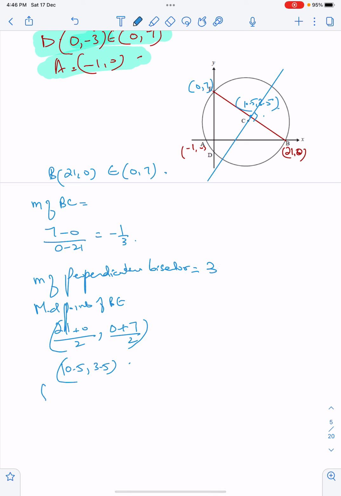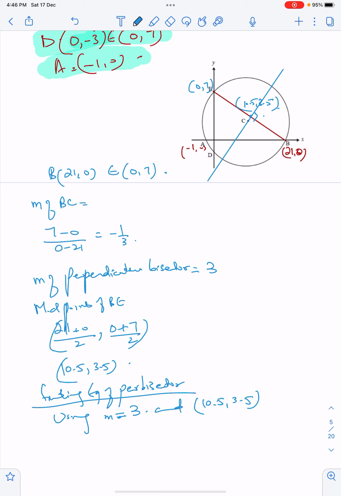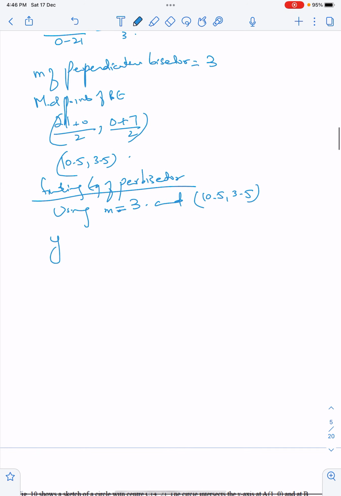Finding the equation of the perpendicular bisector using gradient equals positive 3 and 10.5 comma 3.5 to form the equation. y minus y1 equals gradient times x minus x1. y equals 3x minus 10.5 times 3, 31.5.